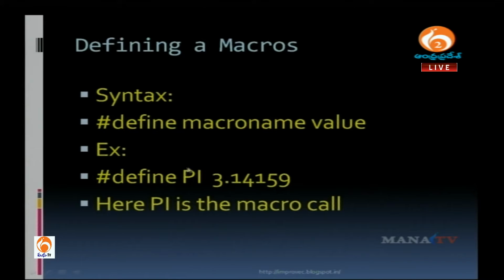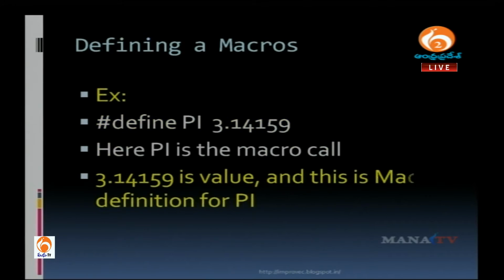Here this PI is a macro call. Here define is a keyword while we are defining the macros. We have to give one space in between the macro call and the value. Here 3.14159 is the value of the PI, and this is a macro definition for PI.